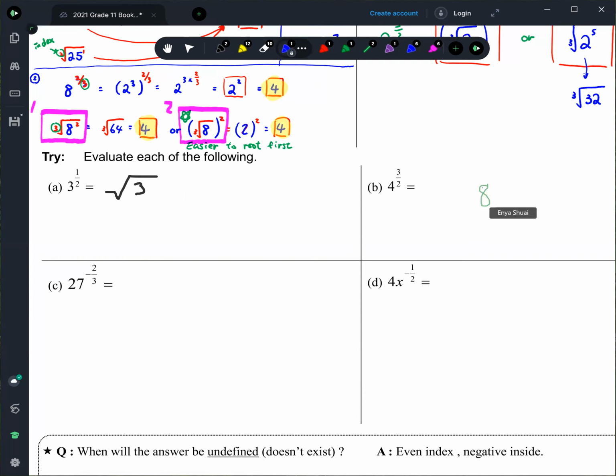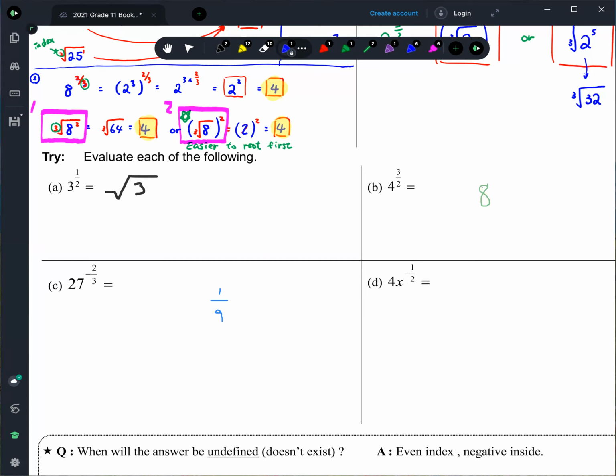And Naomi, you can write down the answer for C. Okay, and Jenny, what's your answer look like for D?